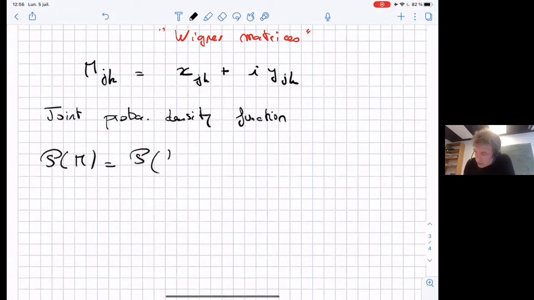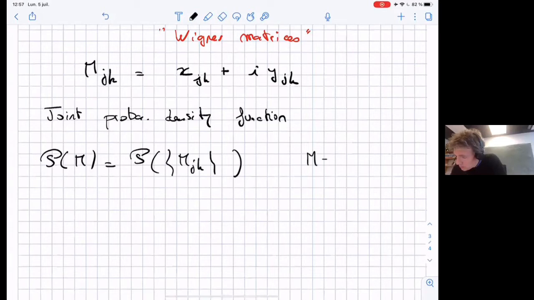So I really want to write something like that. Of course I need to remember something, which is that my matrix M has to be real symmetric or complex Hermitian.